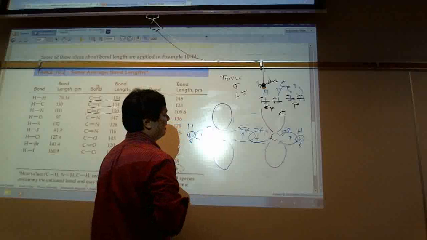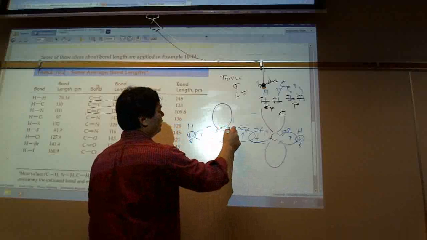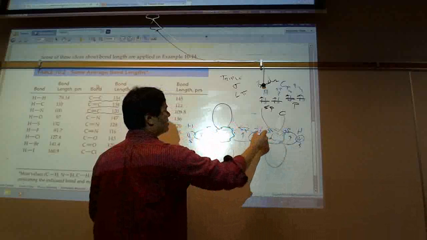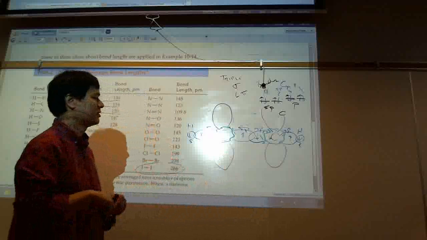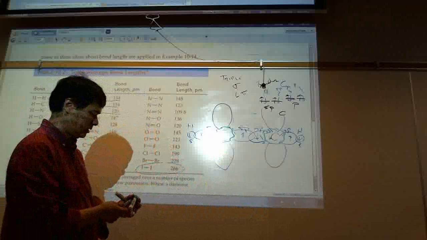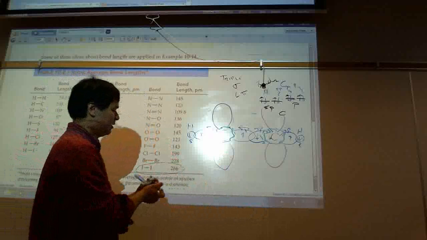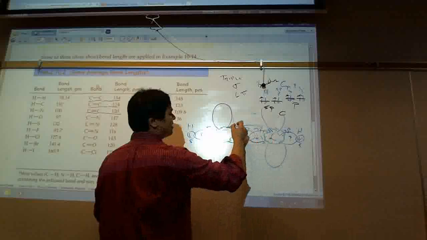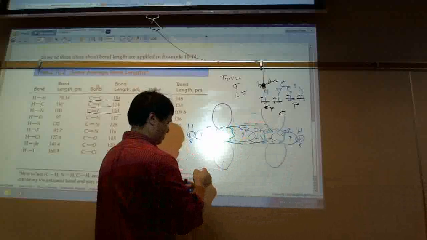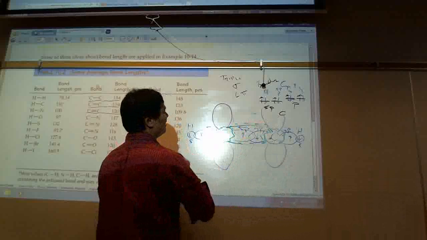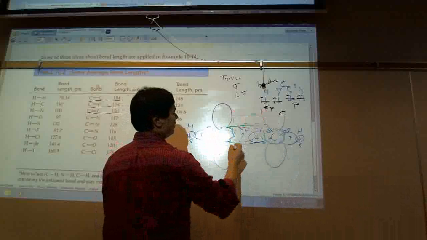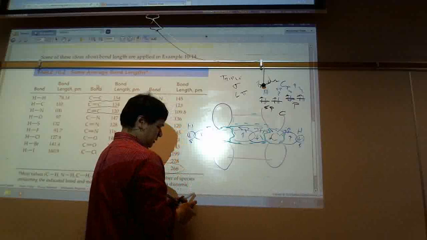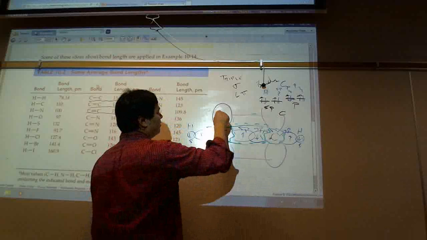And the green comes out and goes in. I'm just drawing it wavy like that. So now the greens are still overlapping above and below, and we have the purples overlapping in the plane. You can draw a line to show the overlap. And then the electrons fill in, one electron here.